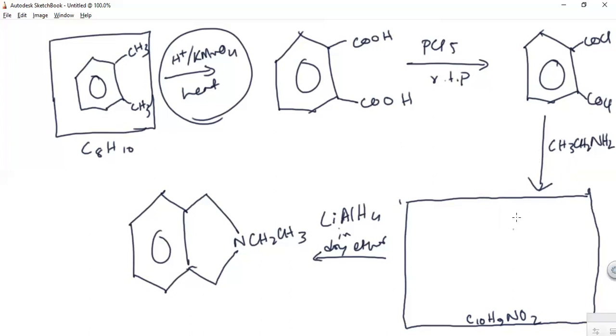When CH2 NH2 is added, let's see what the conditions are here. See here, two acyl groups. That means both can form amides, or both will form amides. But in this molecular formula, this could be a possibility, isn't it? C double bond O, N, H, and we have CH2CH3.